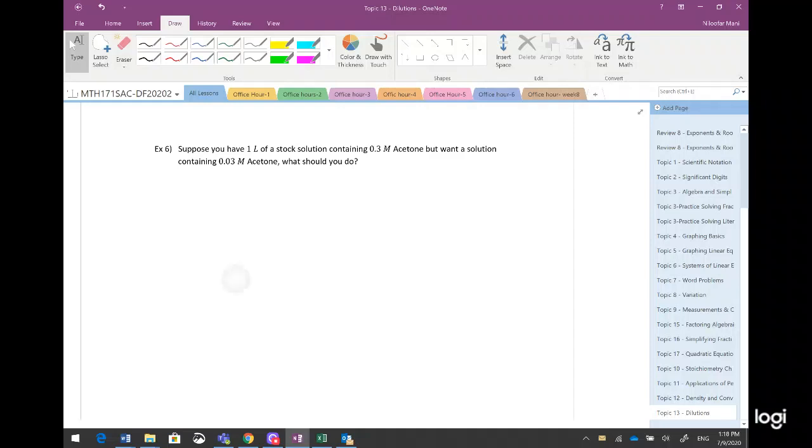Okay, so C1 V1 equals C final V final. Sometimes the students say C2 V2. Again, remember, C2 is not that C2 from before, which was the second solution. No, C2, if you use it on the other side, means final. So C1 is 0.3 multiplied by 1 liter, and I want 0.03 multiplied by V final.